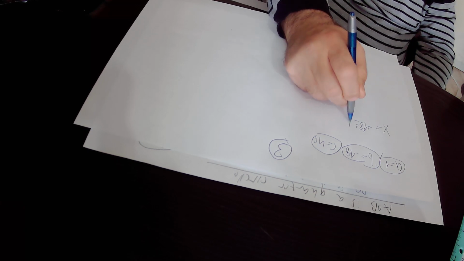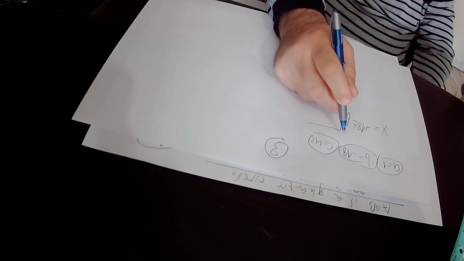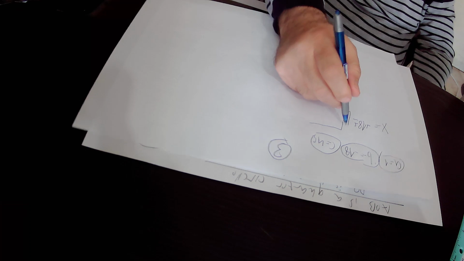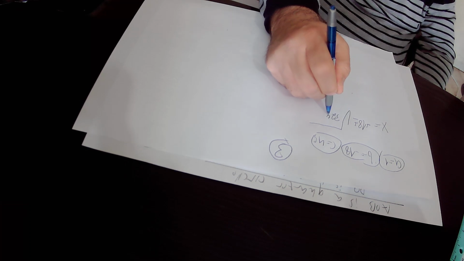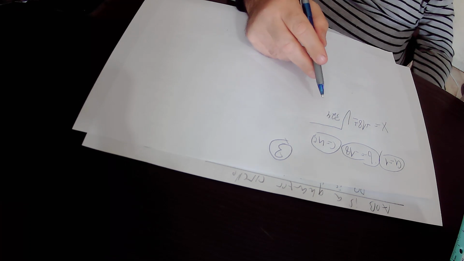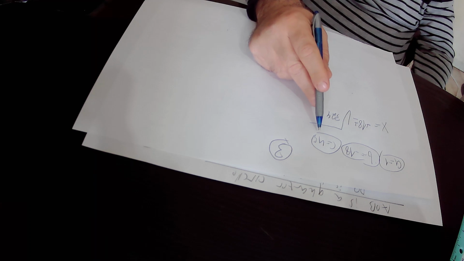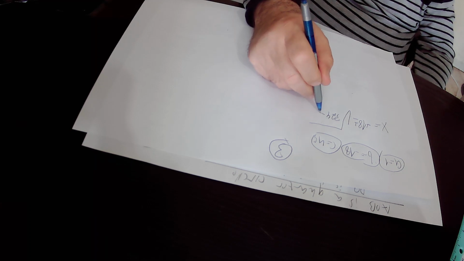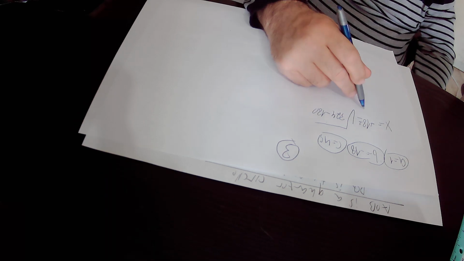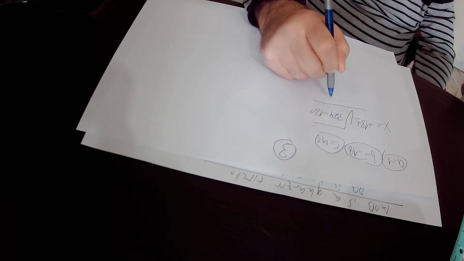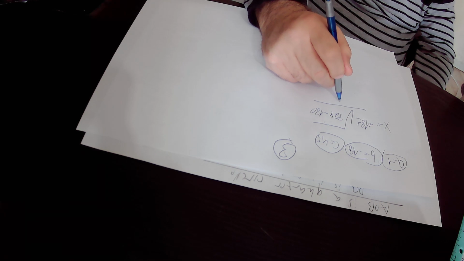Plus minus the square root of b squared. B is minus 18, therefore b squared is 324. Minus 4 times a, and a is 1, so minus 4 times 1 times 45, that is minus 180, divided by 2a. A is 1, so 2a is 2 times 1, that is 2.